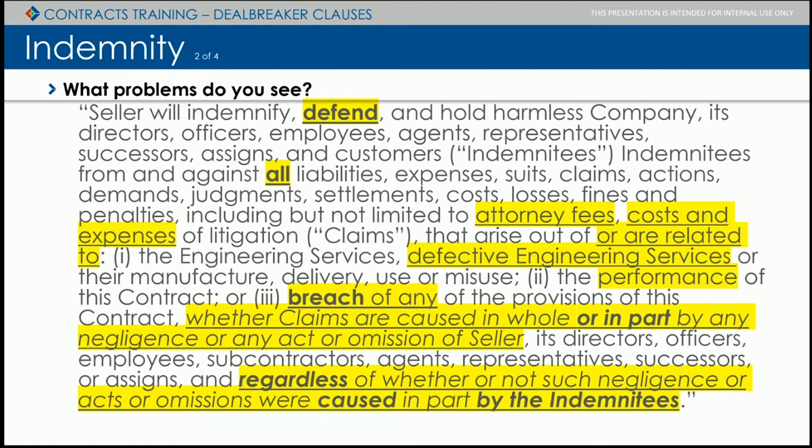That would require us to hire lawyers to defend the litigation. Essentially, the client would just send us the litigation and say, handle it.